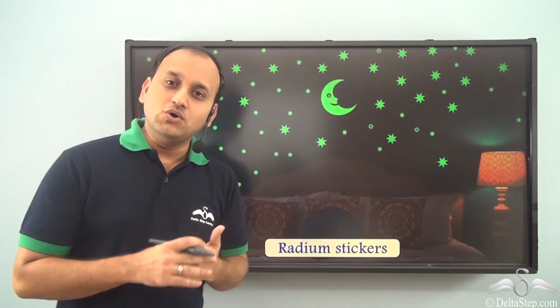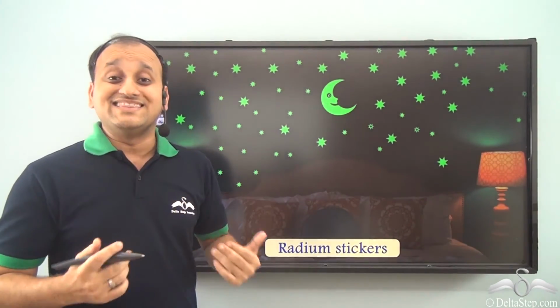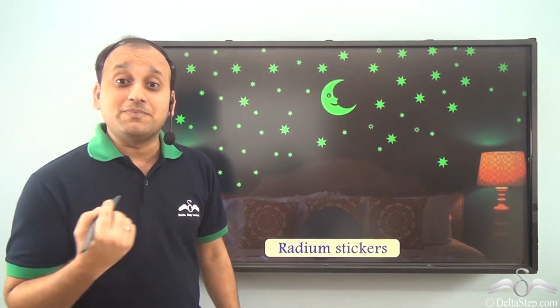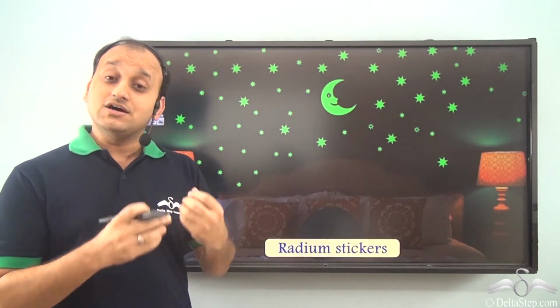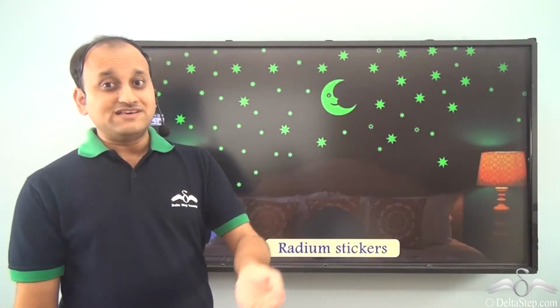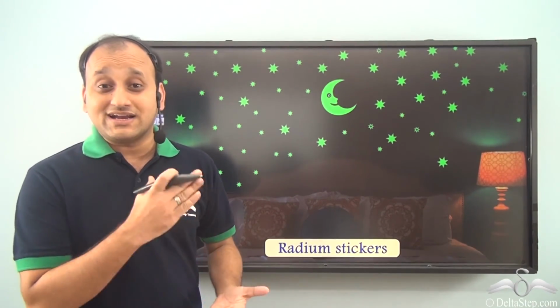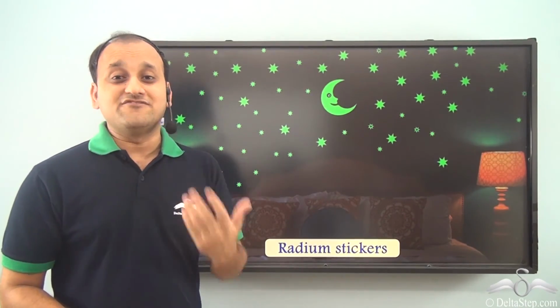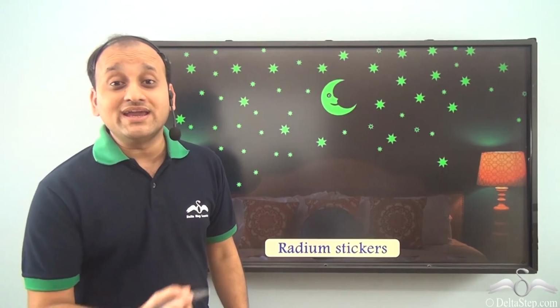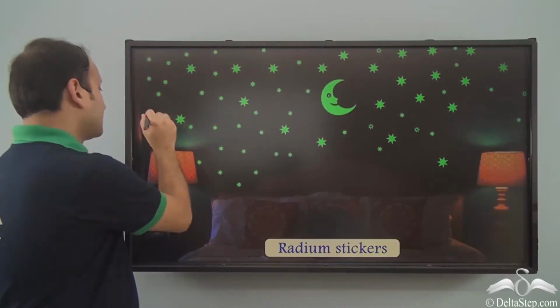Well, the glow is because the radiation which is coming out of radium excites the air particles around it, and it is the glow of the air particles that is seen by our eyes. So what we see as the glow of the radium is not exactly the radioactive radiation of radium. In fact, it is the glowing air particles which are excited due to the radiation of the radium particles.